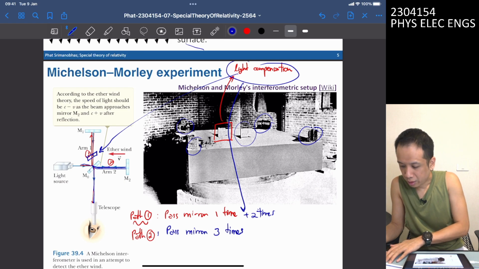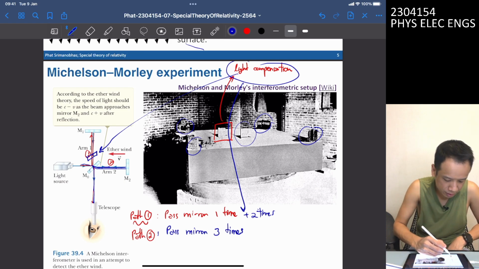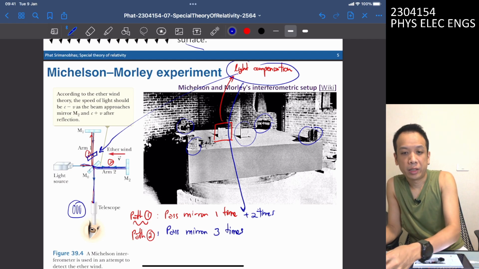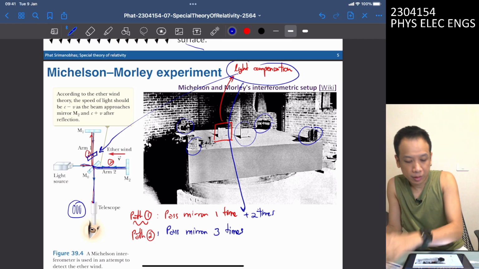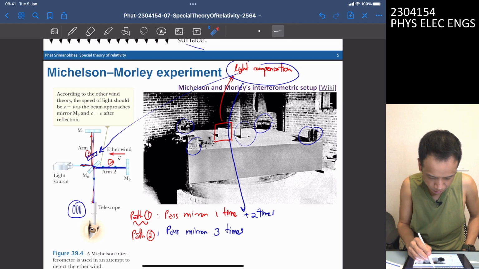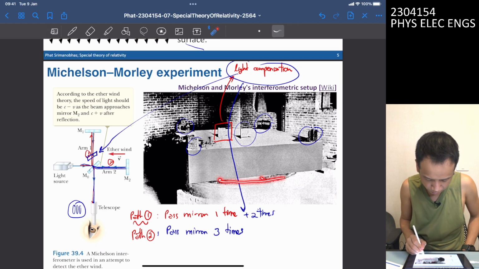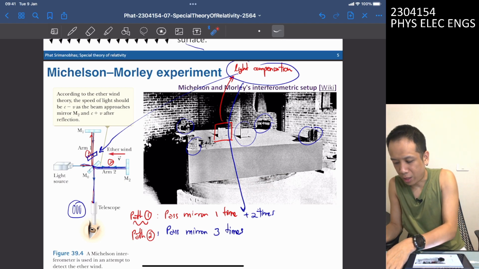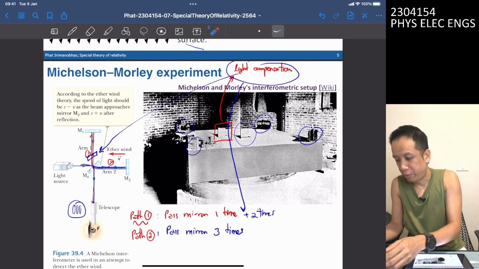Then when the 2 lights meet here, they make the interference pattern. This is the principle of the Michelson-Morley experiment. In this figure, it's put on a plate that can rotate. We will discuss later why it needs to be rotated, but this is how the experiment is set up.